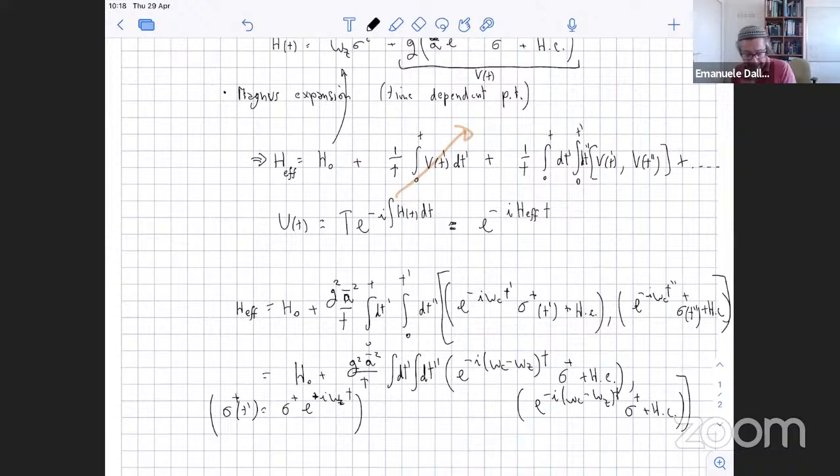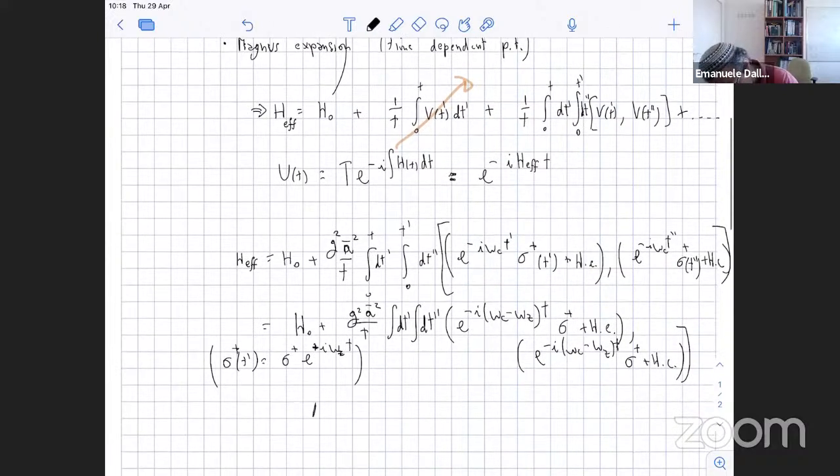What this tells us is that the effect of the cavity on the spin depends on the frequency difference between the cavity and the spin. Even if I didn't derive it from first principles, this is something quite obvious: what really matters is the frequency difference, known as the detuning. So we define the detuning delta as omega c minus omega z.